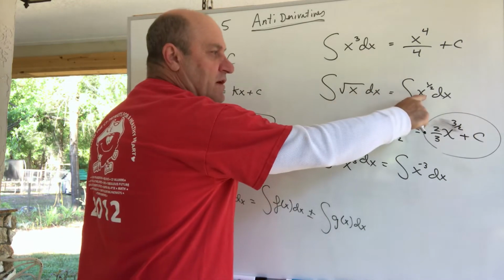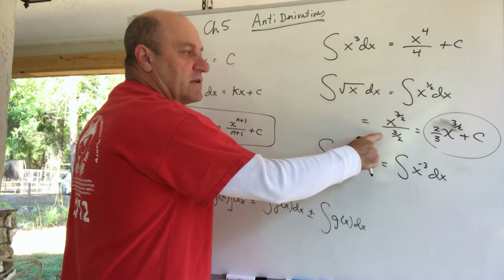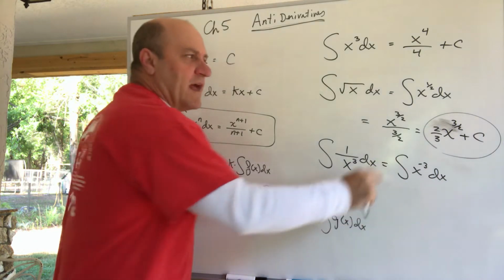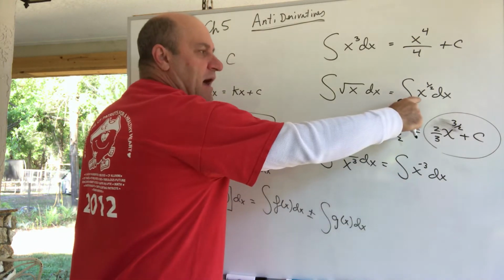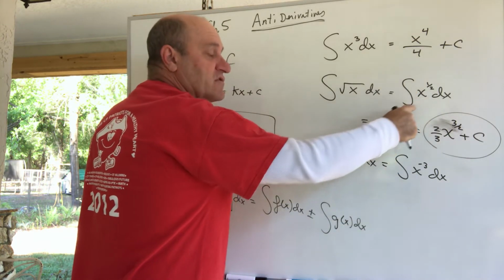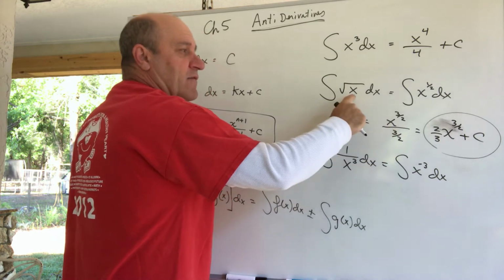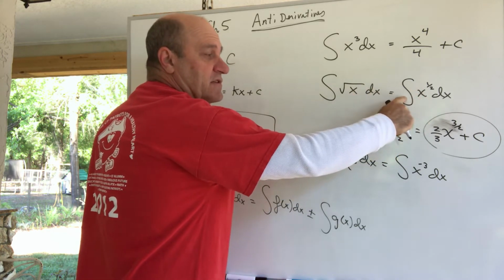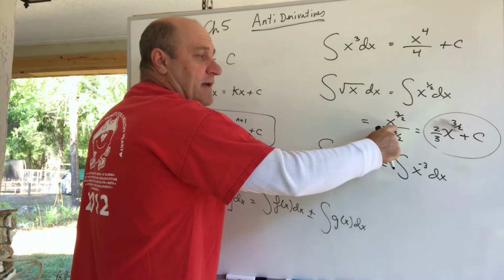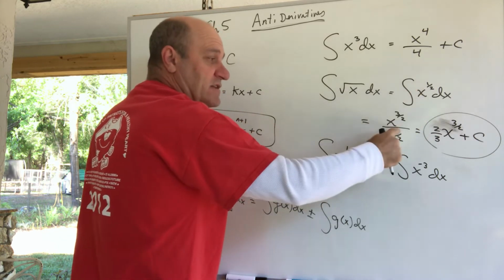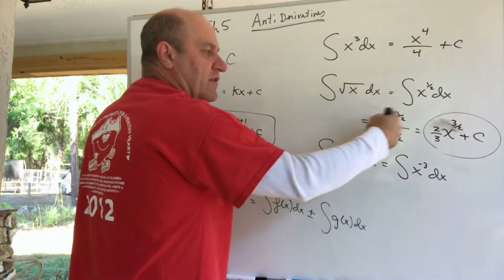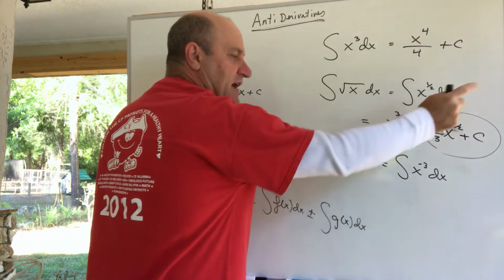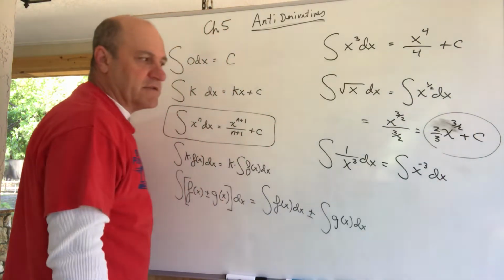Notice when I do the integration step, I don't write the integral symbol anymore. The integral symbol is still there while I'm rewriting, and then I did the integration step, I did the power rule, and the integral symbol goes away, the dx goes away, you get your answer.